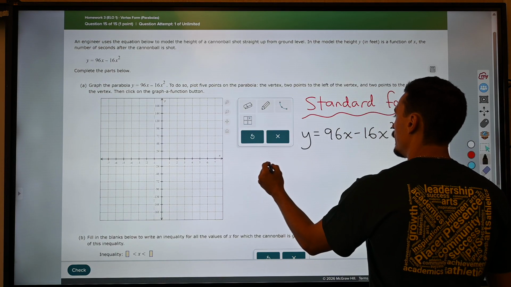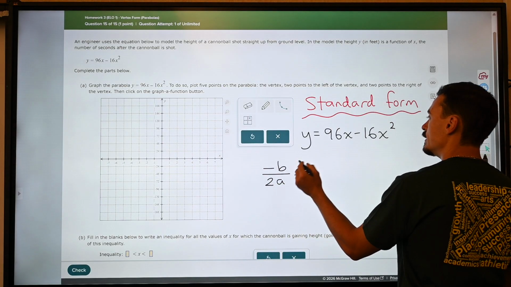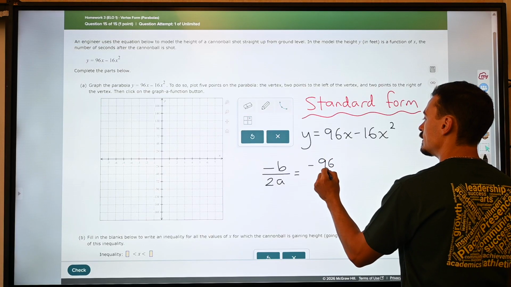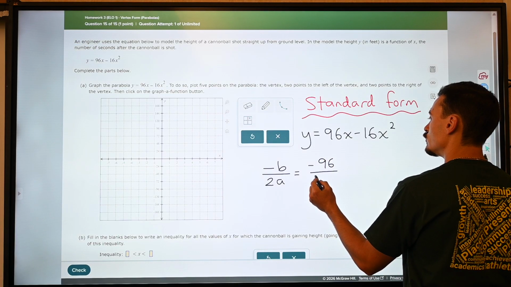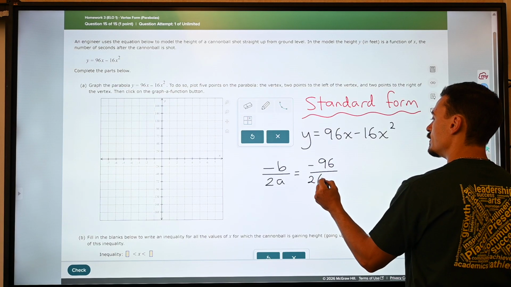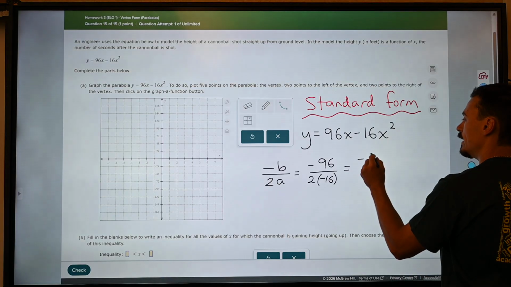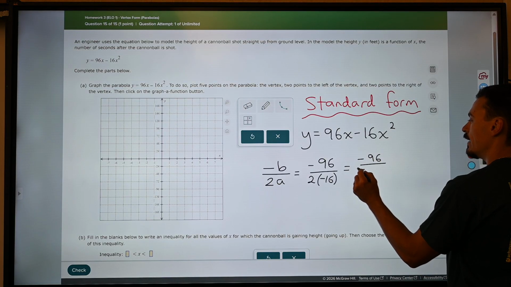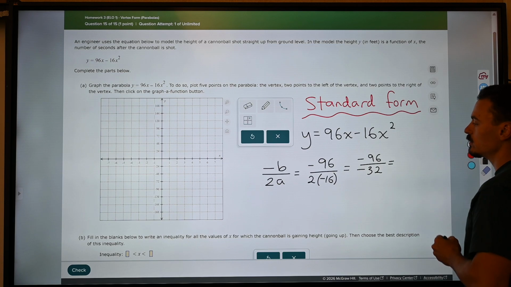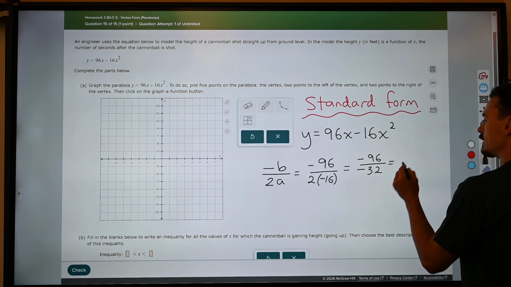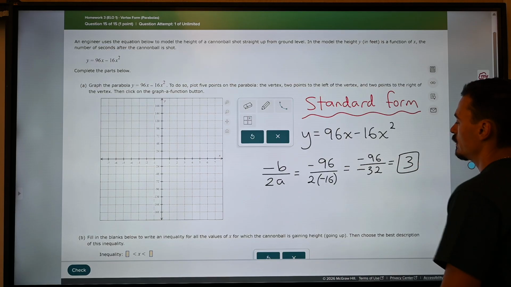So we will do negative b over 2a, which is negative 96 over 2 times negative 16, which is negative 96 over negative 32, which is equal to 3, believe it or not.